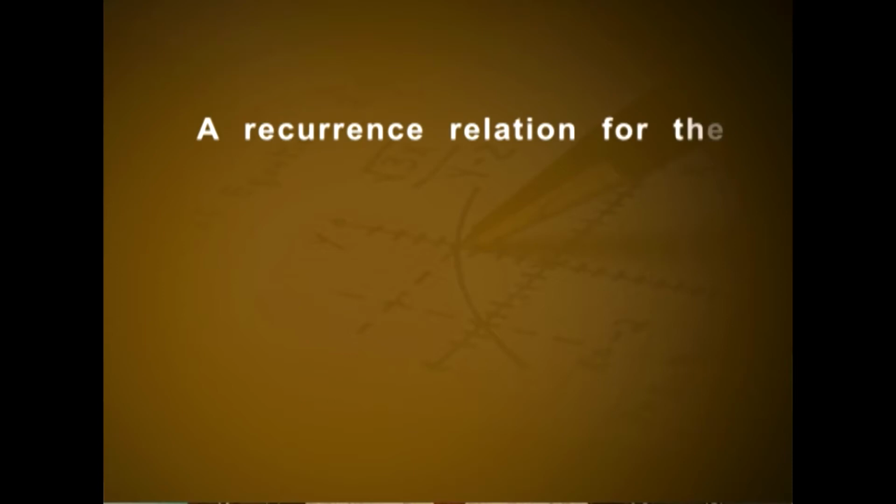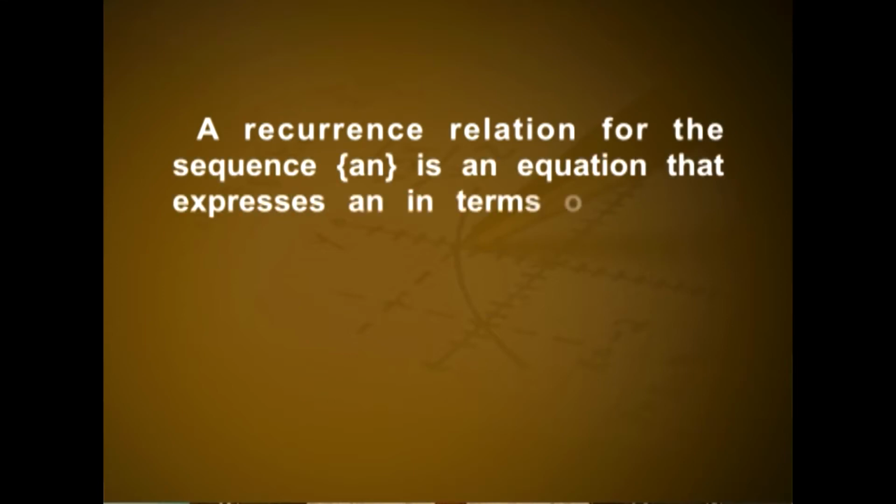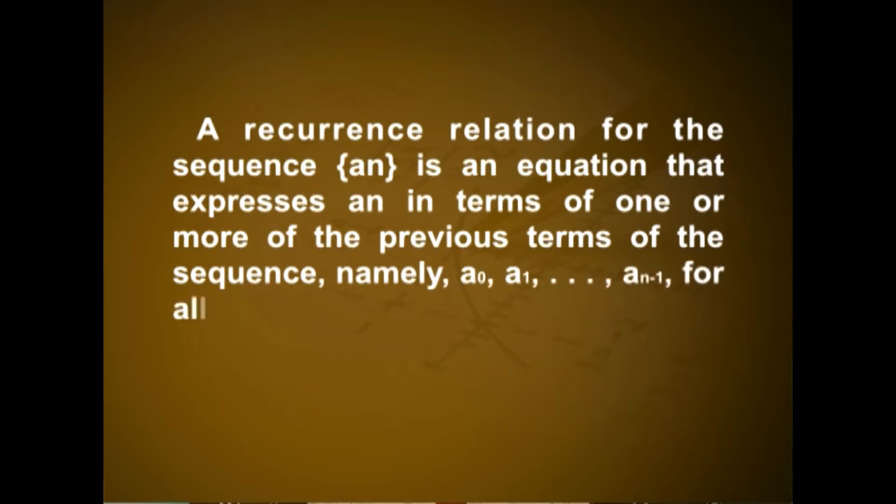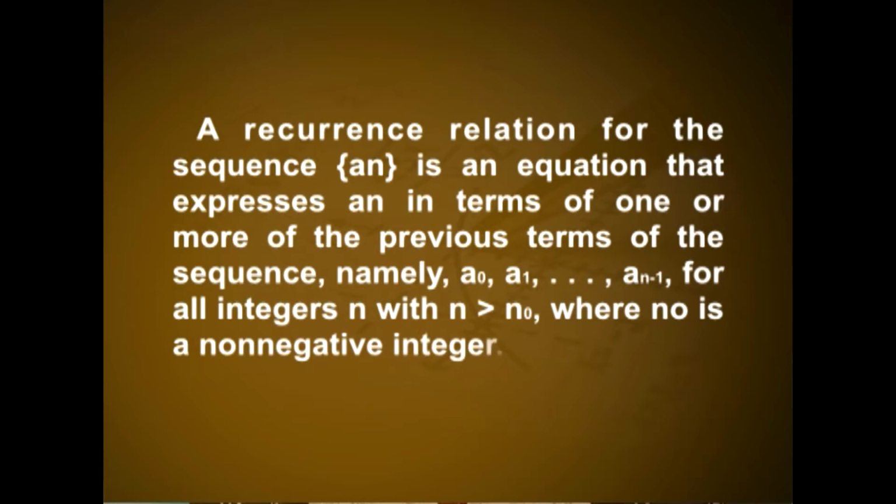Definition 2. A recurrence relation for the sequence a_n is an equation that expresses a_n in terms of one or more of the previous terms of the sequence, namely a_0, a_1, etc., a_{n-1}, for all integers n with n greater than or equal to n_0, where n_0 is a non-negative integer. Definition 3.